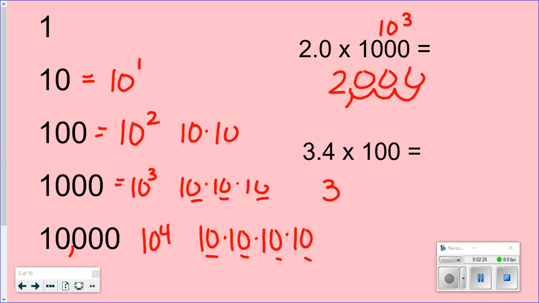So 3.4 times 100, moving my decimal 2 times because I have 2 zeros, would be 340. So that's a really good trick for when you're multiplying by 10, hundreds, thousands, 100,000s: just move your decimal that many spaces. And you guys know that trick a little bit. We talked about that the other day about moving your decimal.